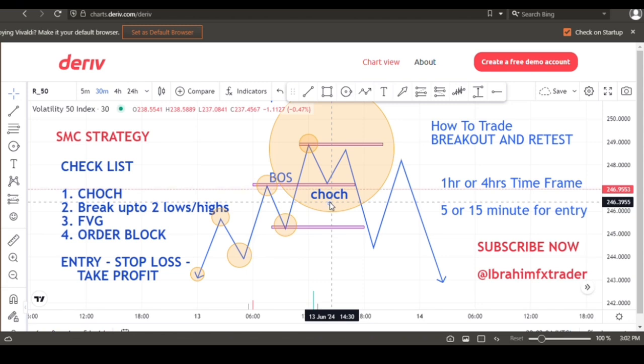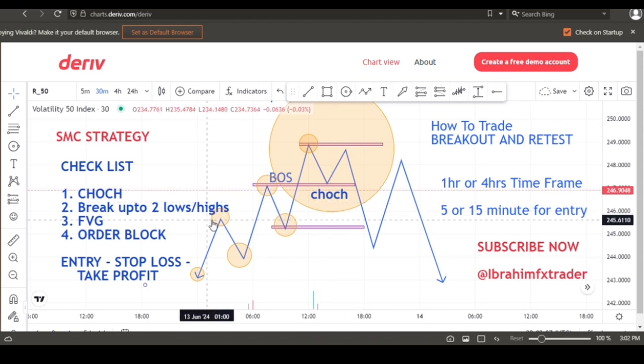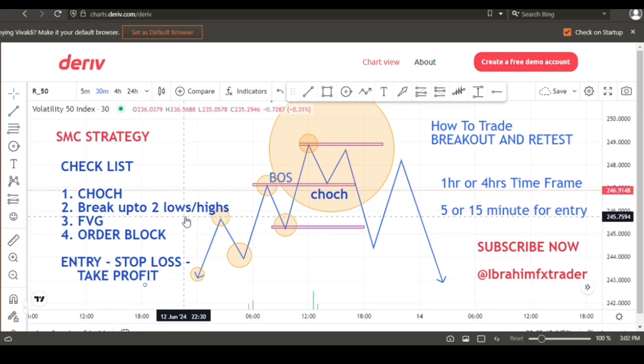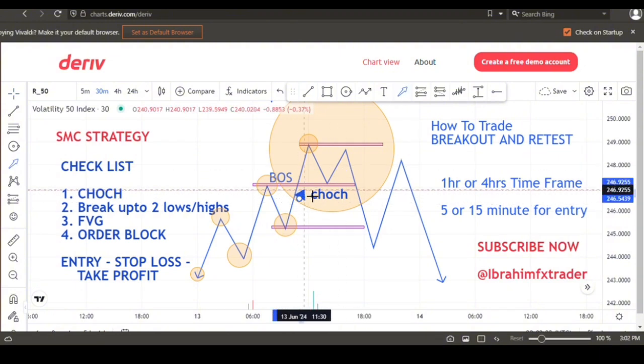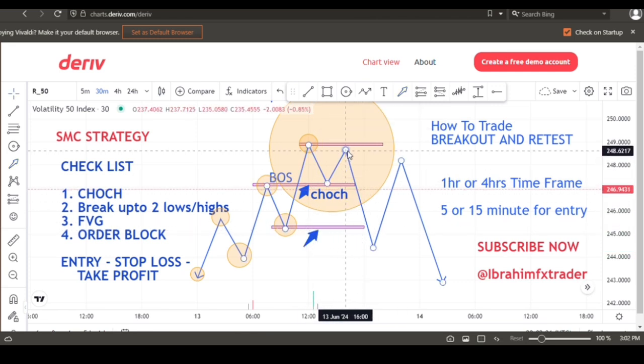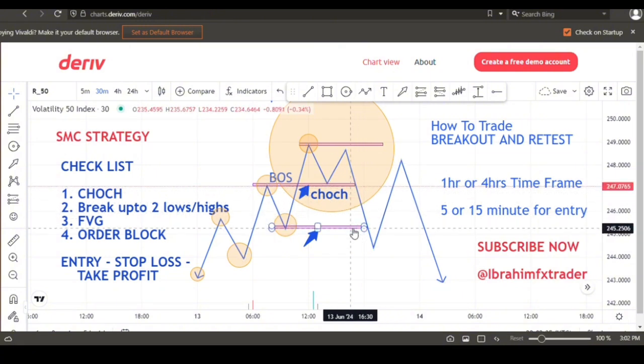The second on our checklist for confirmation is break of 2 lows or highs. We have 2 lows here. This is the first low, and this is the second low. As we can see here, the trade reversed and broke the first low and the second low.